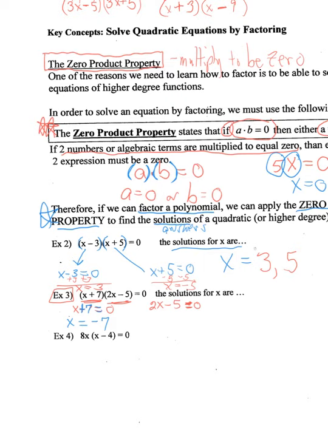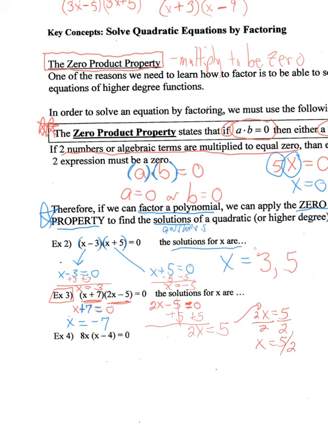Now here it's not so obvious. Let's do our math. Let's do a plus 5 to both sides. We get 2x equals 5. Let's divide both sides through by 2, and we get x equals, and we'll let it sit there like that, 5 over 2.